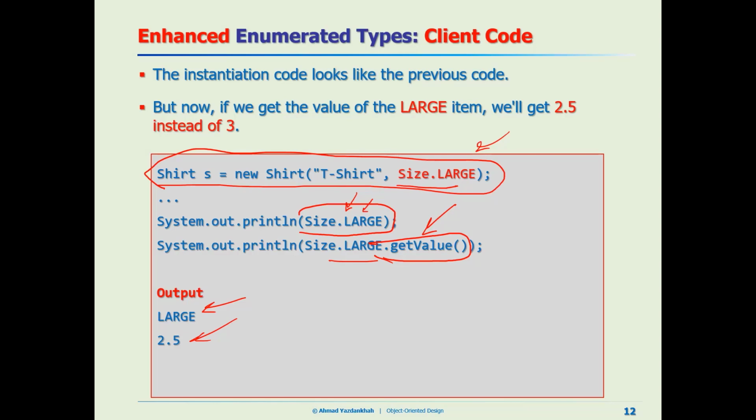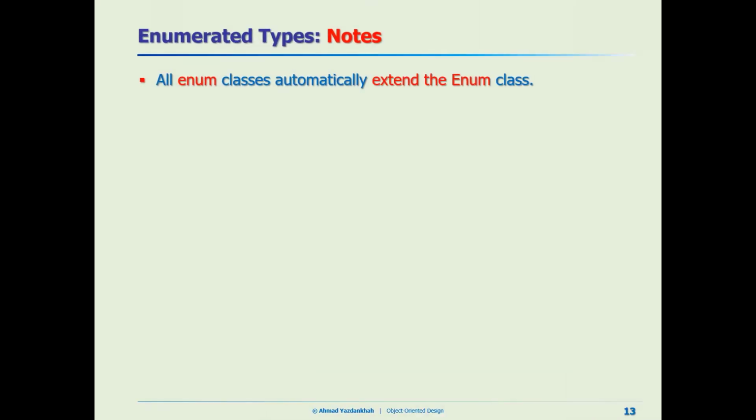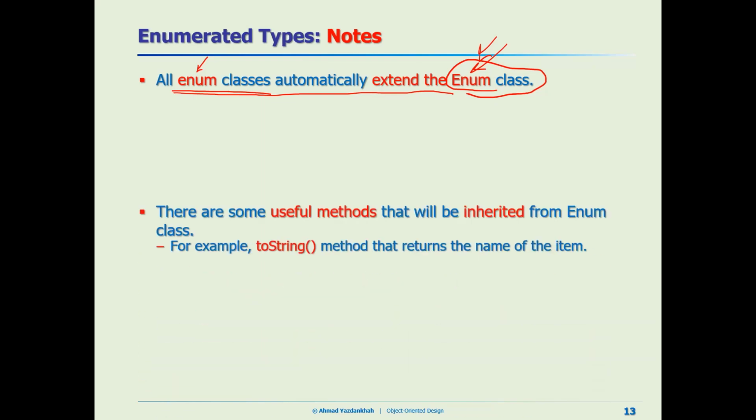Okay, so that's it. Just let me give you some other notes about the enum. So an enum class automatically extends the Enum class, this guy. So every enum you create automatically extends this class, right? And since it extends, this is a superclass, so automatically enum classes inherit some stuff.